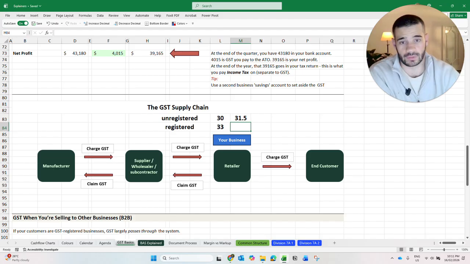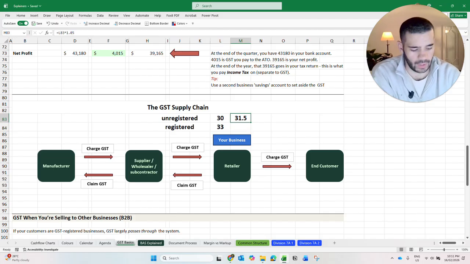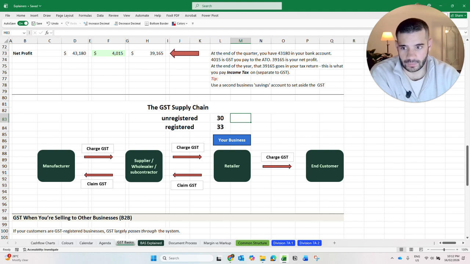So our true earnings have just taken a hit. So it's worth thinking about this, but often you're just going to add the 10%. Otherwise, you're basically going backwards. It's always better to push the price and maintain your margin rather than give away some of your margin to the tax office in order to satisfy the GST.